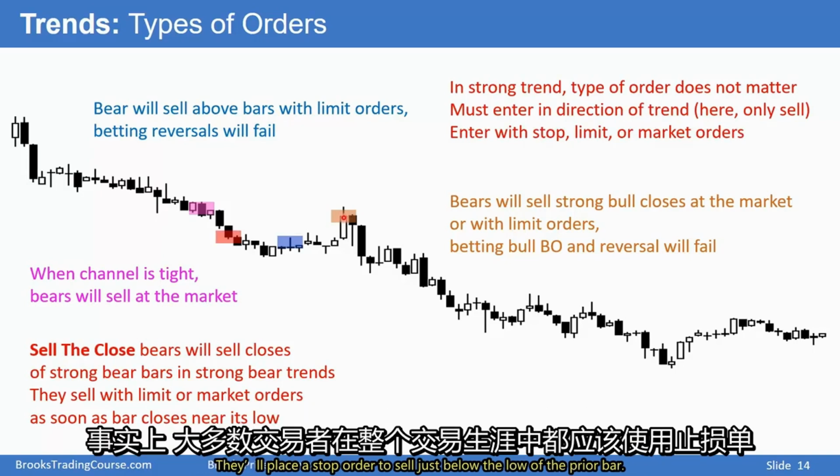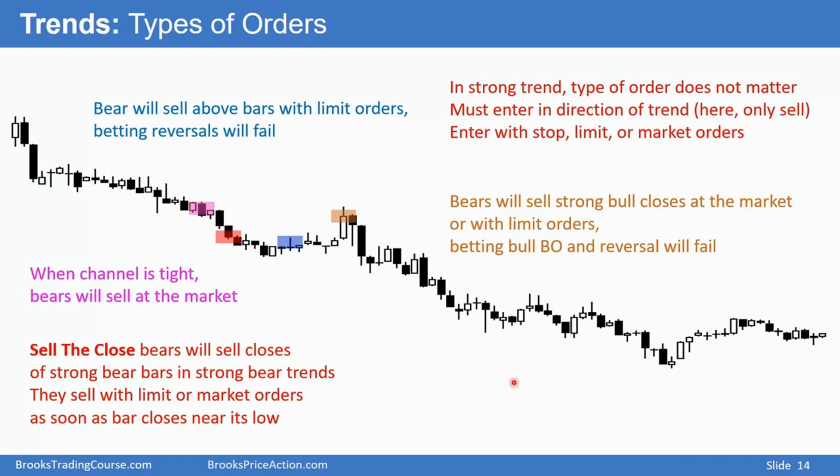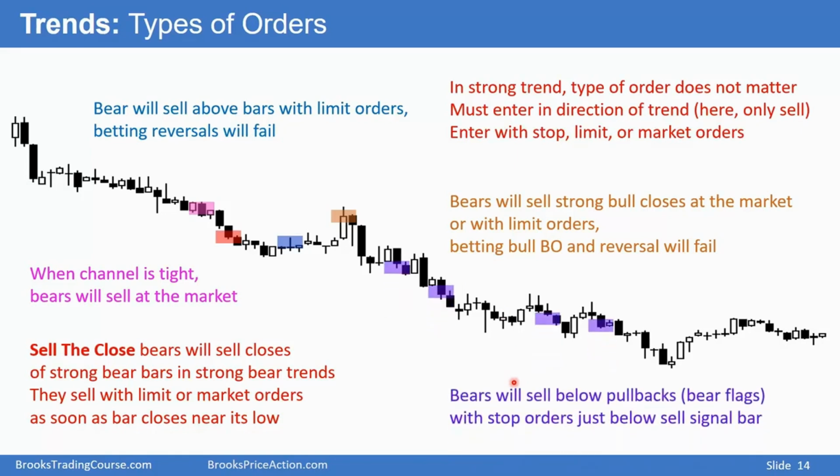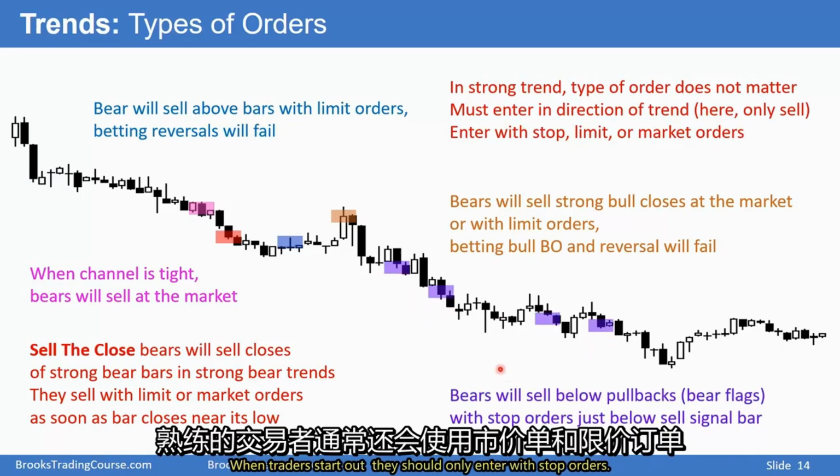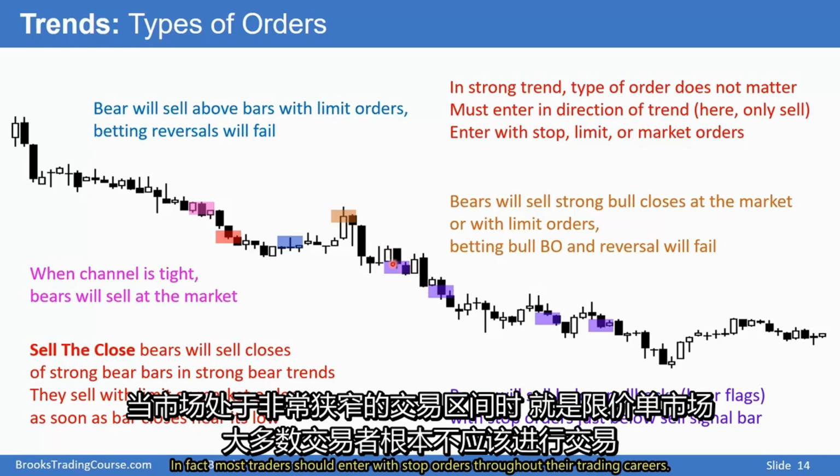Bears will sell the close of a strong bull bar, betting that the reversal up will fail and the bear trend will resume. Bears will also enter with stops below every reversal attempt, thinking that the reversal attempt will be a bear flag and that the market will continue down. They'll place a stop order to sell just below the low of the prior bar.